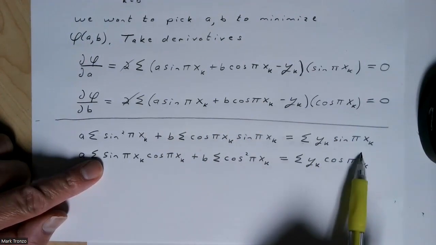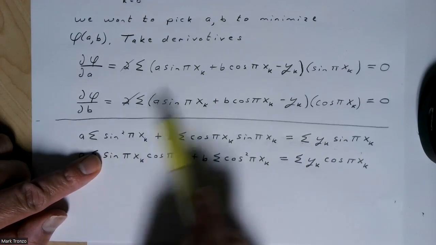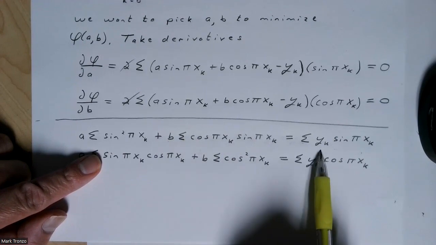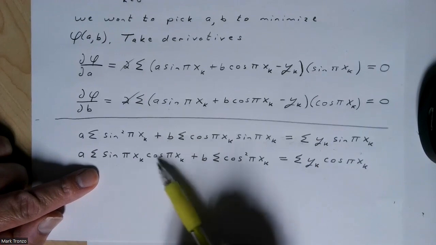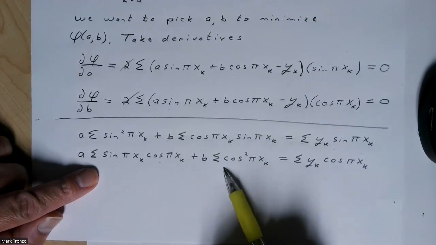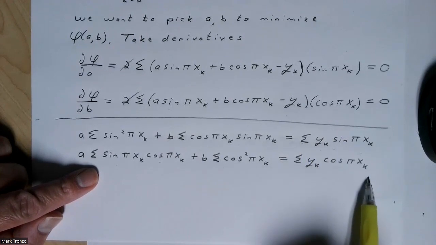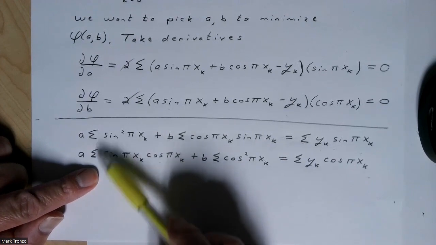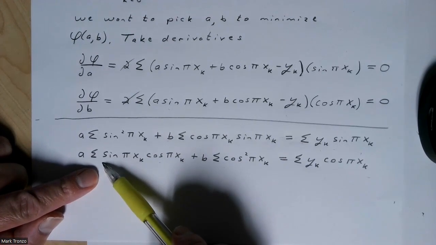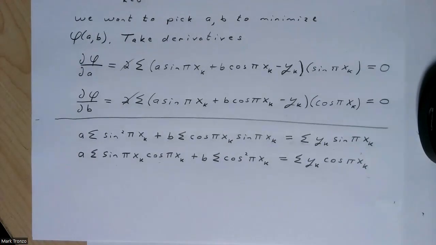Then I pulled out the A and the B. There's nothing to pull out here. Same thing down here. I multiplied this through: sine, cosine squared, y cos, and I moved this one over to the right-hand side like this. And I was sort of lazy. I didn't put my indexes on, but we know they're going to be from 0 to m. So this is what we have.